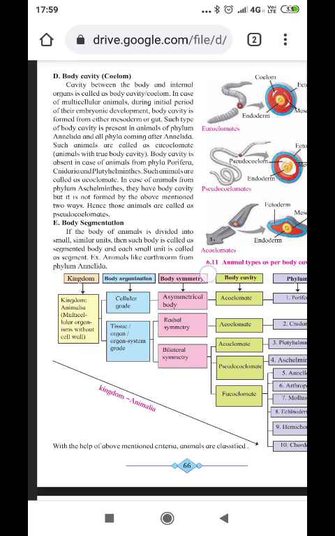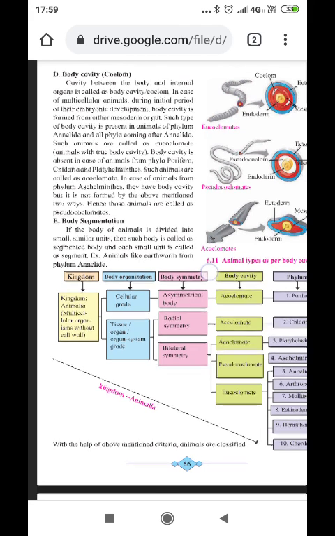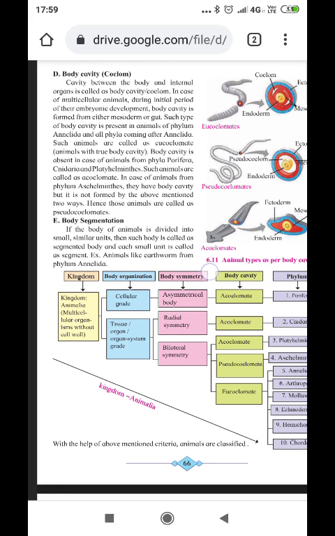Cnidaria and Platyhelminthes. So, the body cavity is absent in phylum Porifera. Pori means hole. Cnidaria, small cavities or holes are formed. Then platy means flat, helminthes means worms.